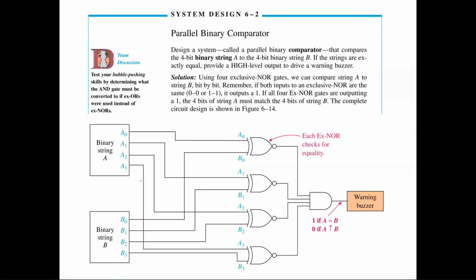If you look and try to follow the spaghetti here, they have each one tied together: A0, B0, A1, B1, A2, B2, A3, B3. So it's comparing string A to string B down the whole line. And then everything goes to what kind of gate?